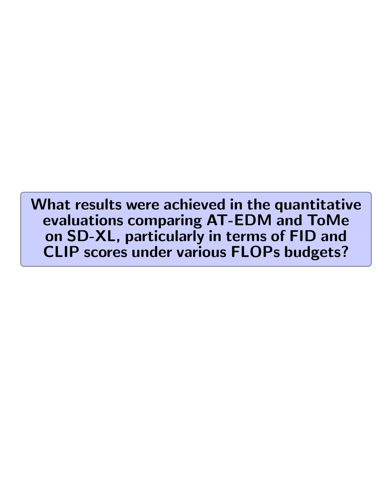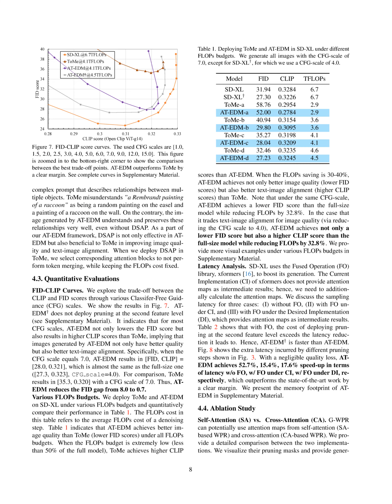What results were achieved in the quantitative evaluations comparing AT-EDM and TOM on SD/XL, particularly in terms of FID and clip scores under various flops budgets? In the quantitative evaluations comparing AT-EDM and TOM on SD/XL under various flops budgets, AT-EDM achieved better image quality than TOM with lower FID scores across all flops budgets.